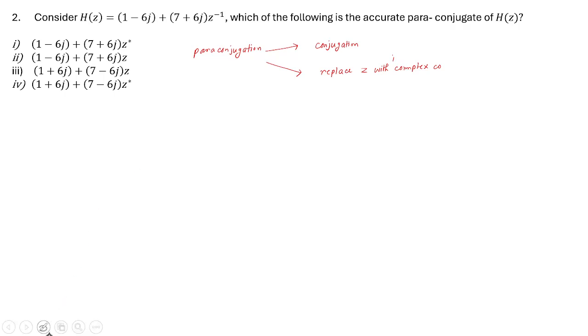So let me write down the inverse part first. Actually, there is slight overlap between these two conditions.